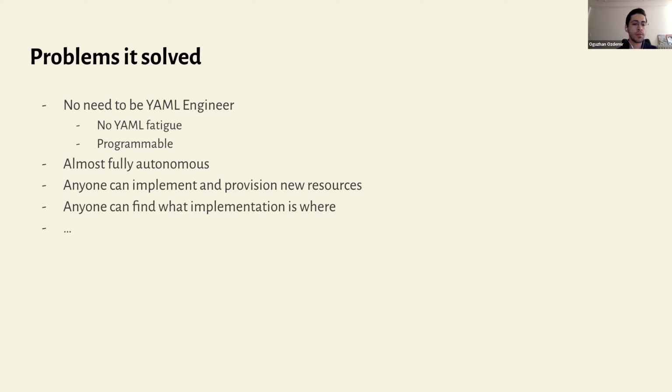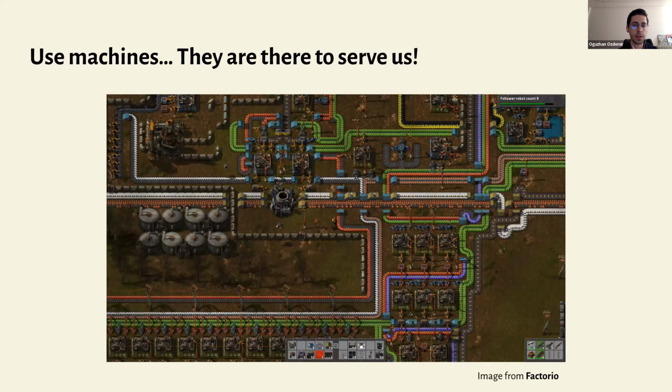So when we are talking about automation, basically automation means that you are going to use machines to do your job, and they are definitely there to serve us. I want to ask the audience, has anyone played or heard about the game Factorio?